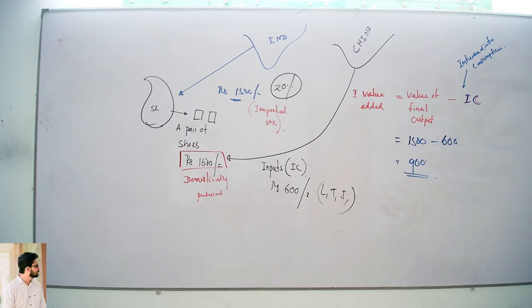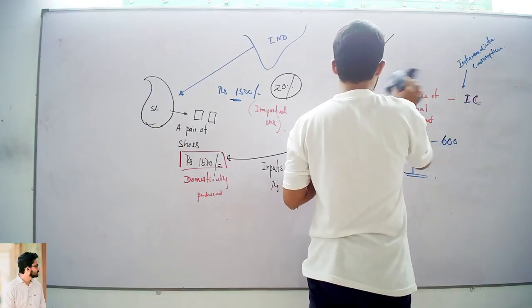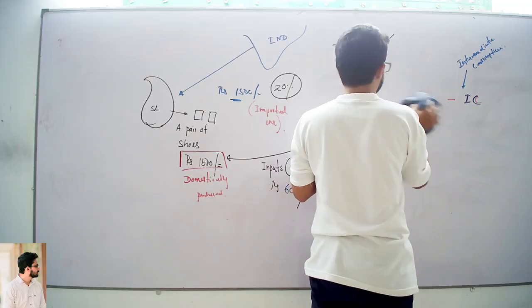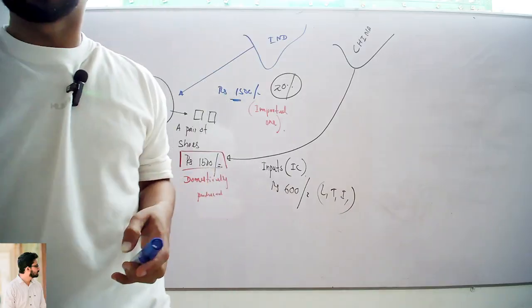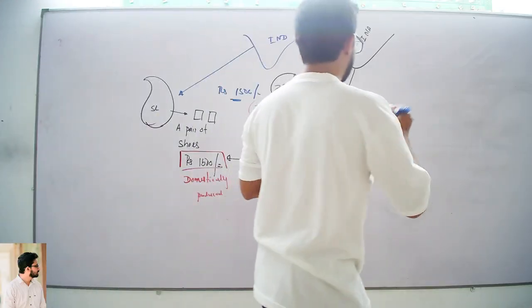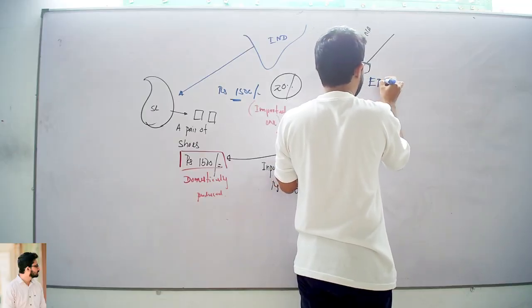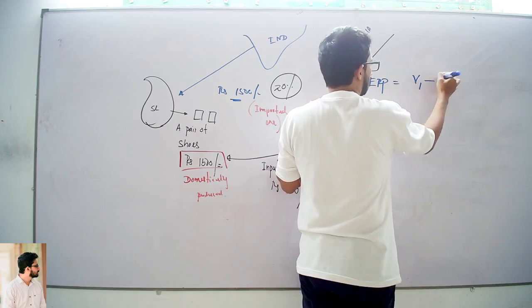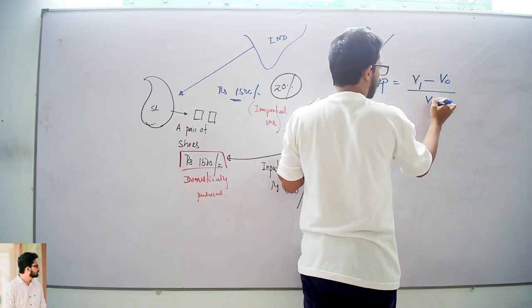ERP means effective rate of protection. There is an equation, Buddha. Effective rate of protection equals V1 minus V0 over V0 into 100.